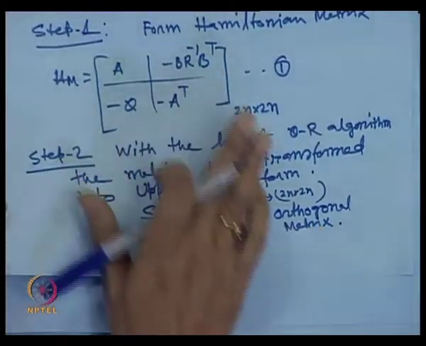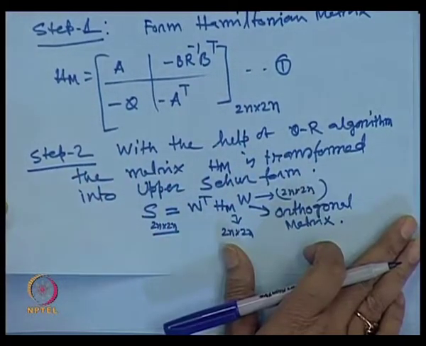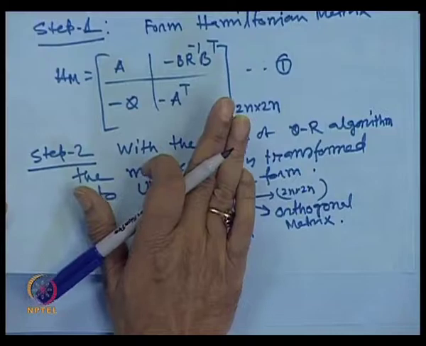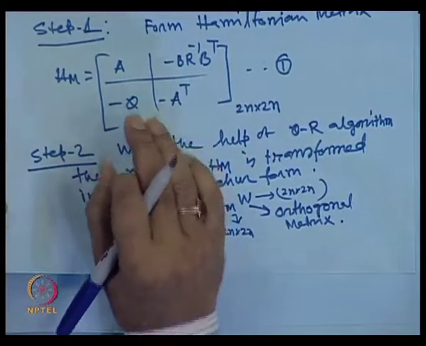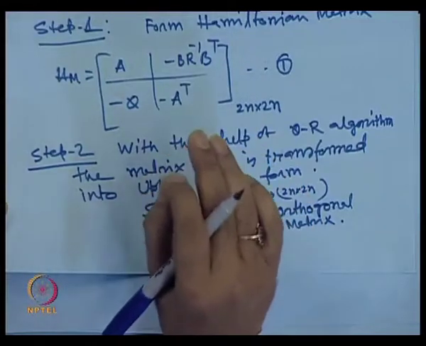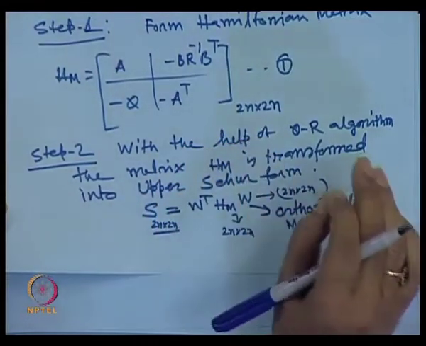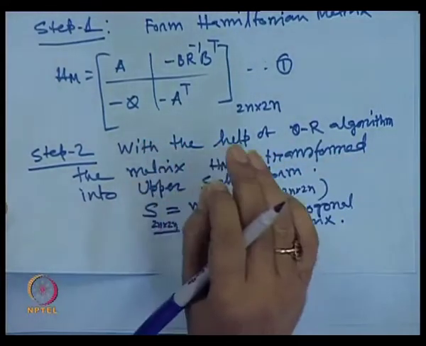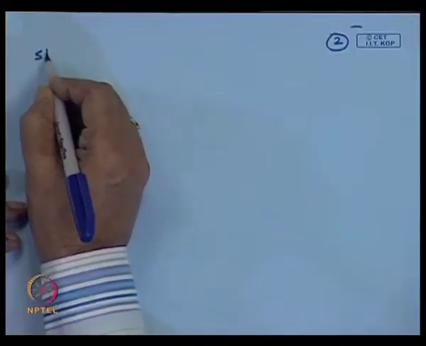That Schur form we know how to do, but before that you must know how to decompose a matrix into QR, using an orthogonal transformation or a Householder transformation. Householder transformation is a special case of orthogonal transformation.